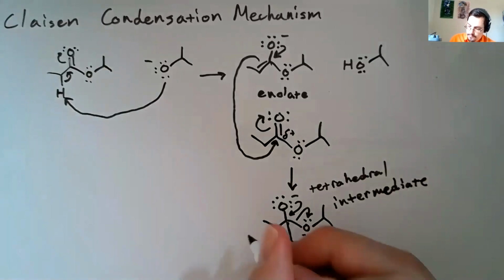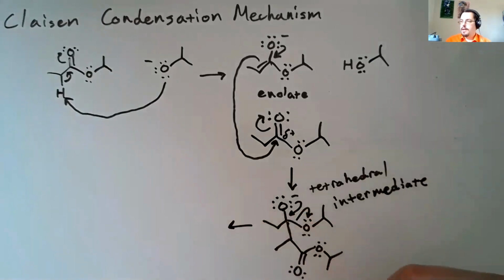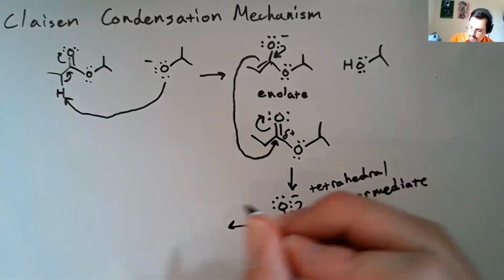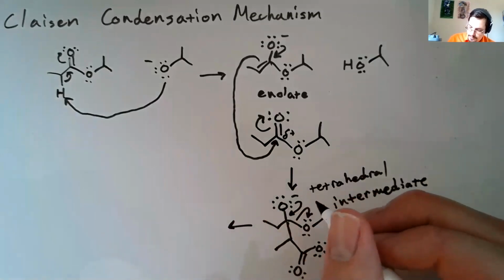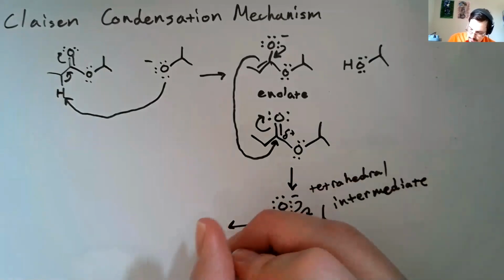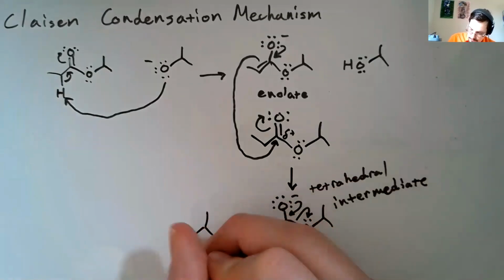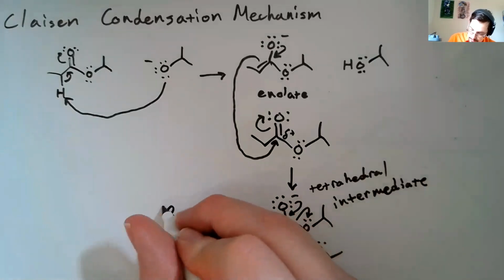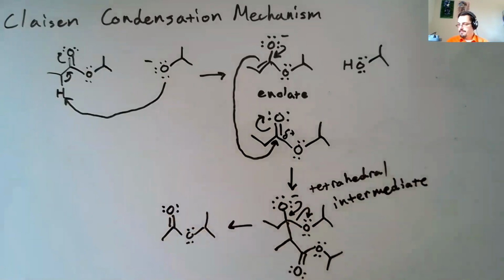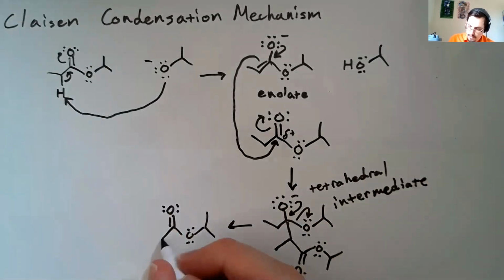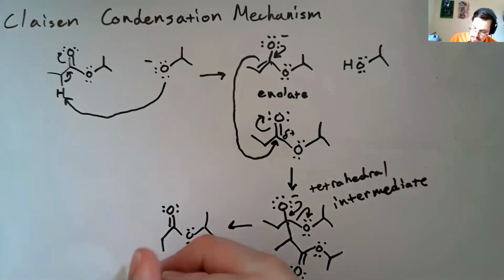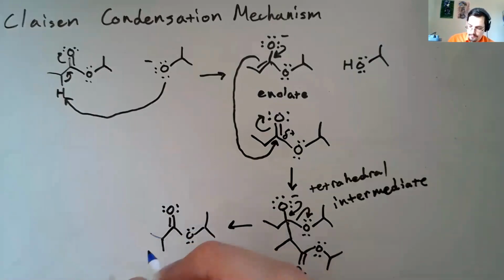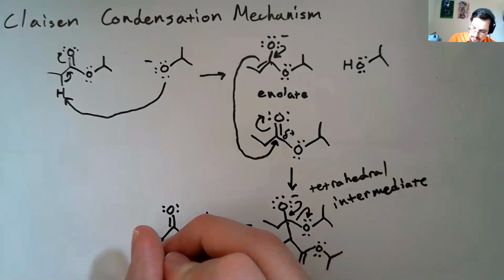So that will kick off our leaving group, and we'll end up with now our aldol addition product, or Claisen condensation product, rather. So we have one complete unit of our ester. And then attached to our alpha carbon here will be just the carbonyl half of our other ester.